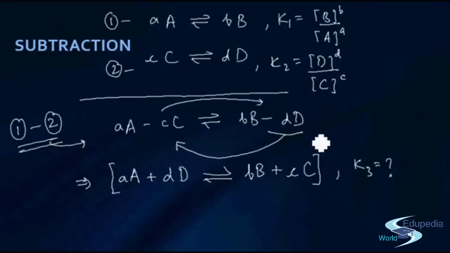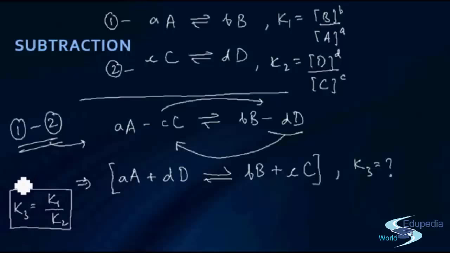The law says that K3 is going to be nothing but the quotient of K1 by K2. So this is going to be my resultant value of equilibrium constant, or the equilibrium constant for my resultant chemical reaction. K3 is equal to K1 by K2.